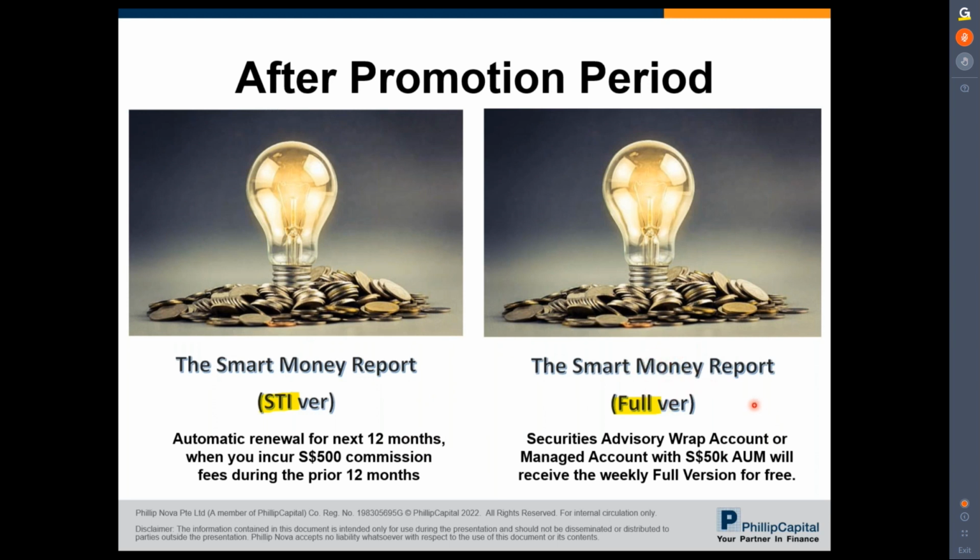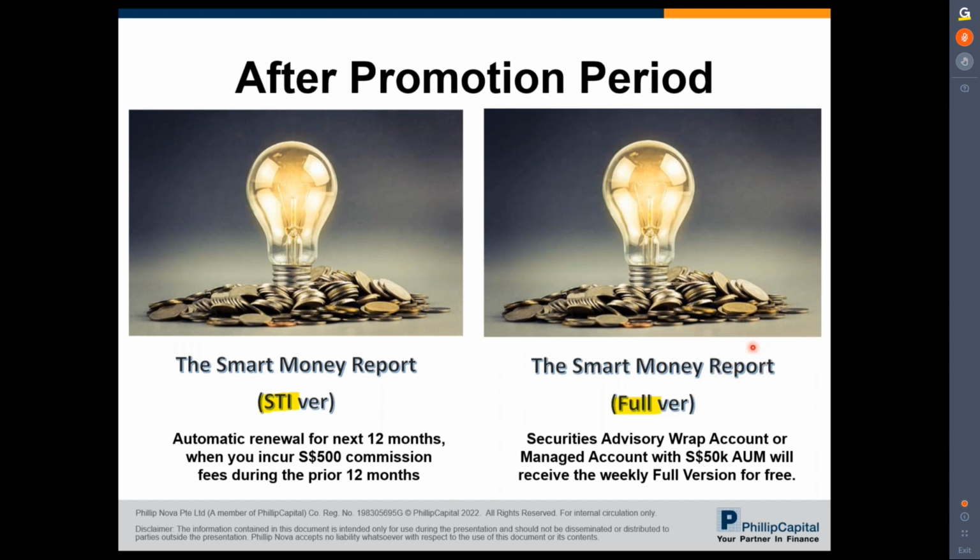What is different between the full version and the STI version? Okay, the full version basically, apart from all the 30 STI stocks, the STI, the KLCI index, and the 9 sectors, will be including all the other small and mid cap.